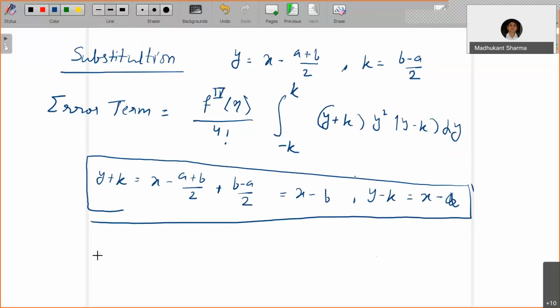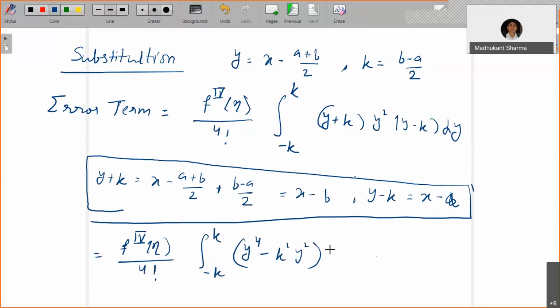And then further equals the fourth derivative by 4 factorial, integral from minus k to k, so y square into y square minus k square. So that is going to be y to the power 4 minus k square times y square dy.